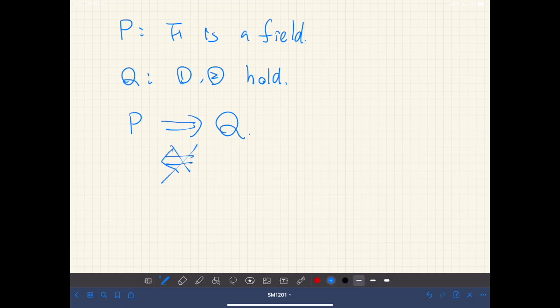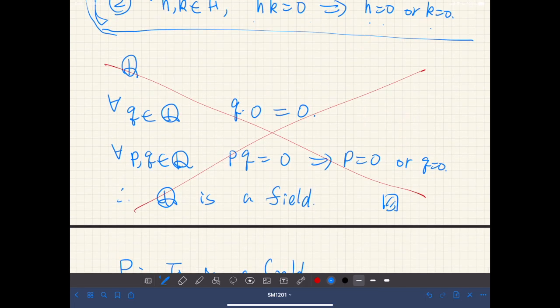As we have learned in formal logic, the converse may not be true, even if the original proposition is true. So this does not imply the converse. But in this wrong proof, we are actually using the converse of the theorem.